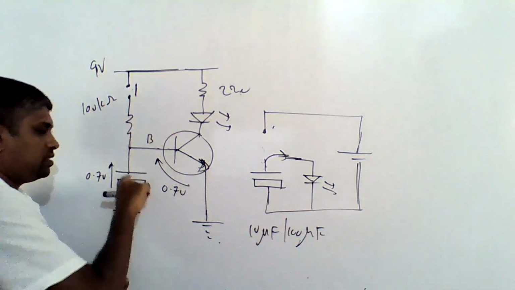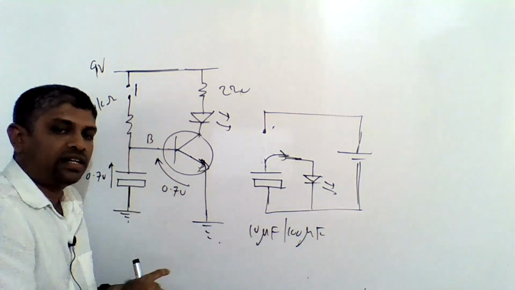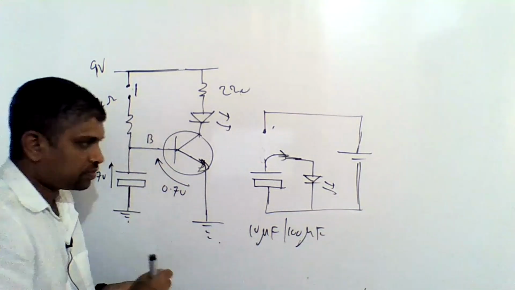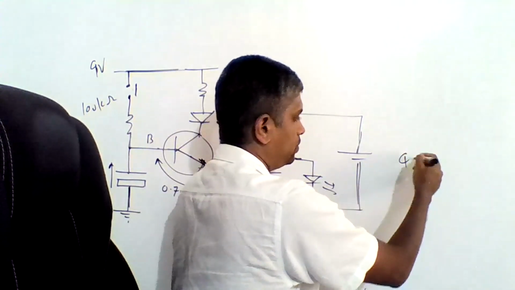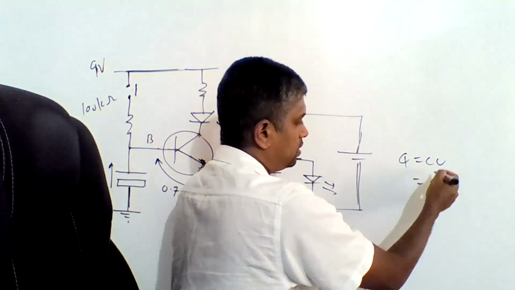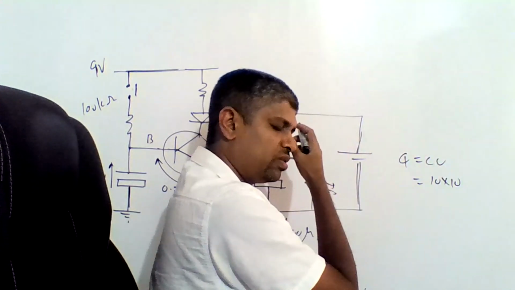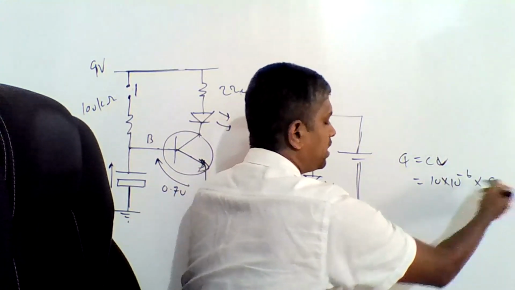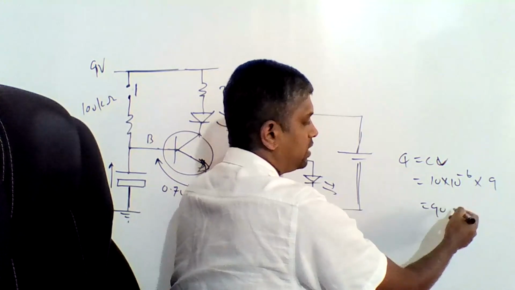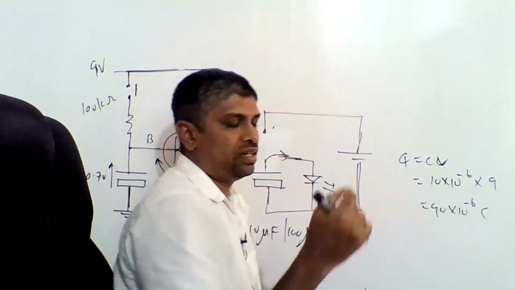But when it is discharging through the transistor, you know that the transistor's base current is very small. Even if you connect it to 9 volt, if you apply Q equals CV, C is 10 micro (pico, nano, micro, milli), the voltage may be 9 volt. You can see that it is 90 times 10 to the power minus 6 coulomb. So very little amount.